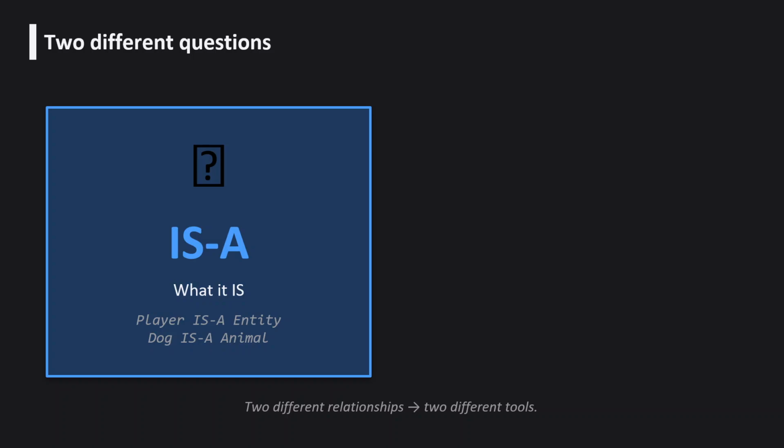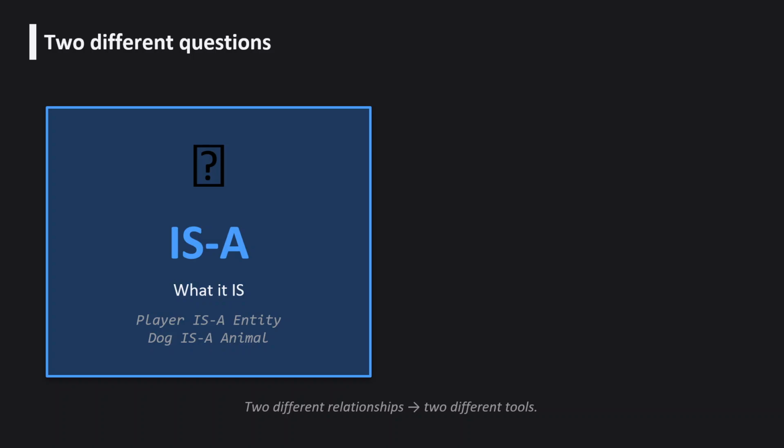So there are basically two different questions which the programmer needs to ask. The first question is, what is this thing? A player is an entity. A dog is an animal. That's identity. It's about what something fundamentally is.